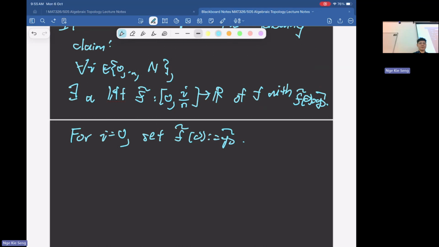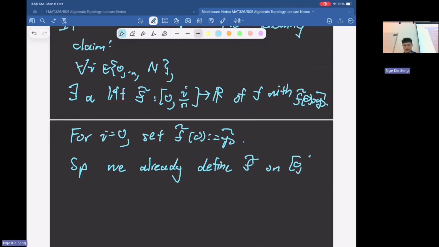So how do we lift the consecutive one? Suppose we have already defined f tilde on 0 up to i over n, with i less than n.